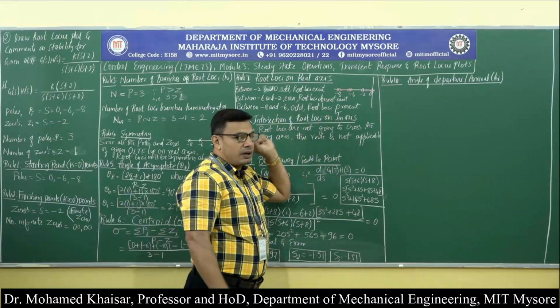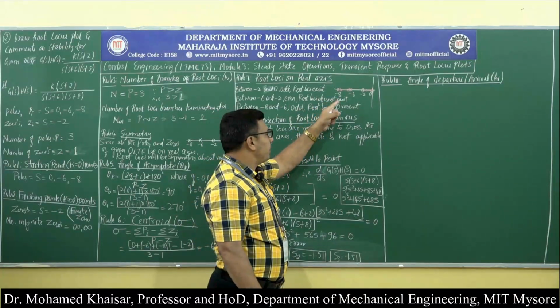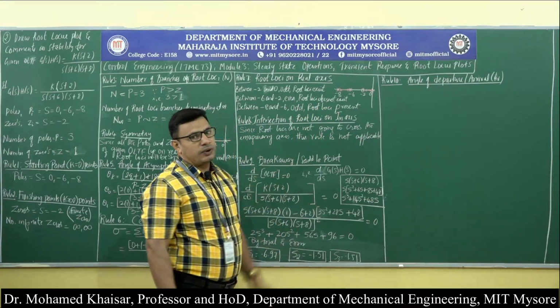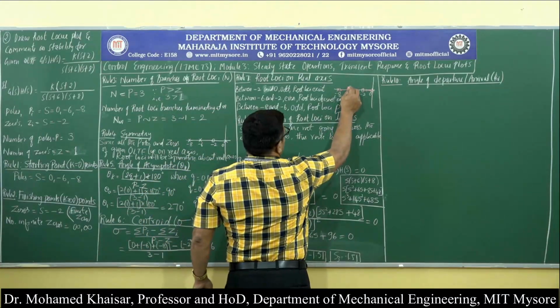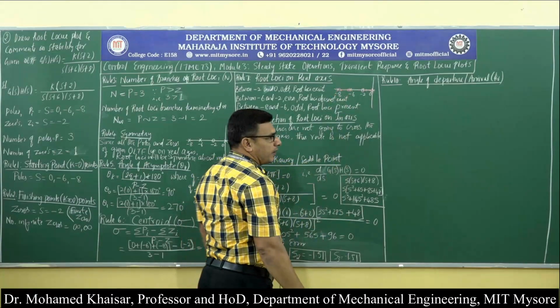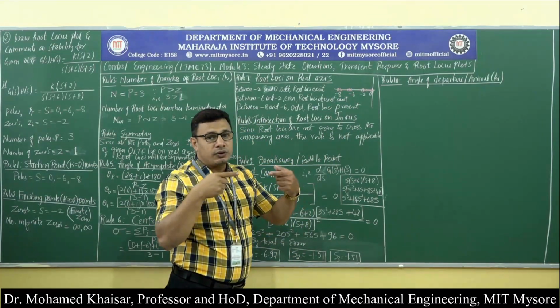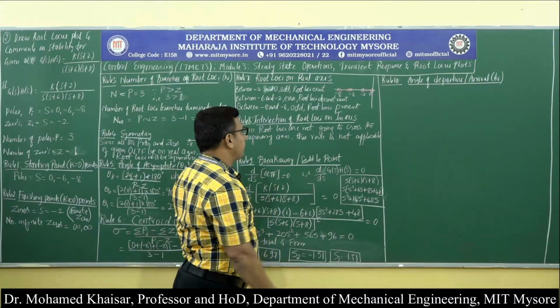So in this problem, we find that the breakaway or saddle point rule is applicable, that is, rule number 9 is going to be applicable. Why? Because one branch is starting at -6, the other branch is starting at -8, and they both are traveling towards one another. So they will collide at one point and break away.